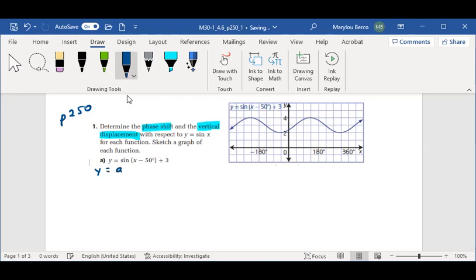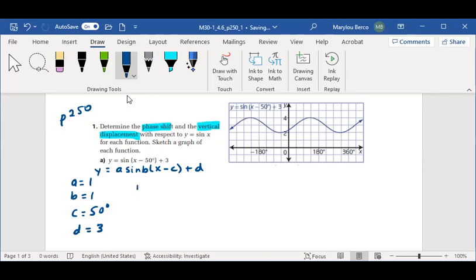the sinusoidal function y equals a sine b x minus c plus d. Okay, so if we take a look, our variables are a is 1, b is 1, c is 50 degrees, and d is 3.